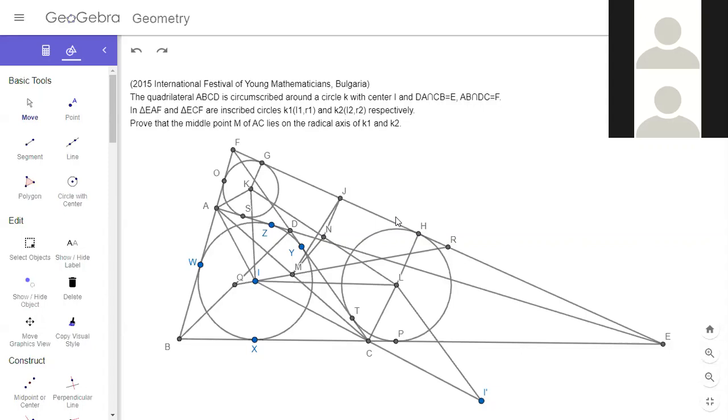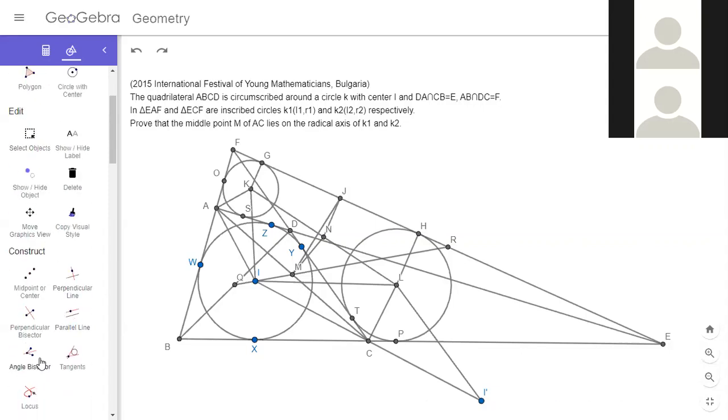So I don't think this is true, but let me check it out.